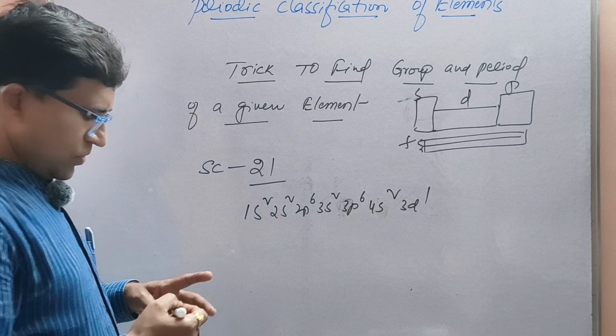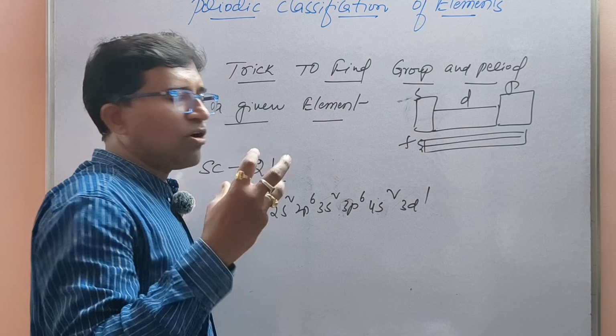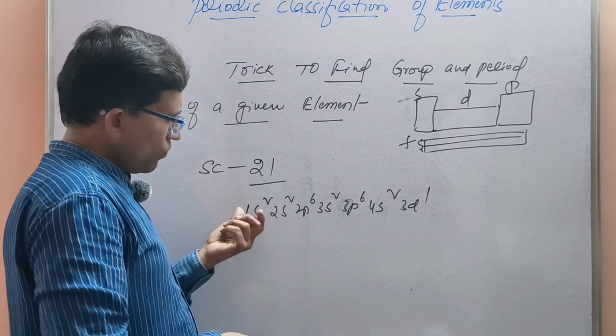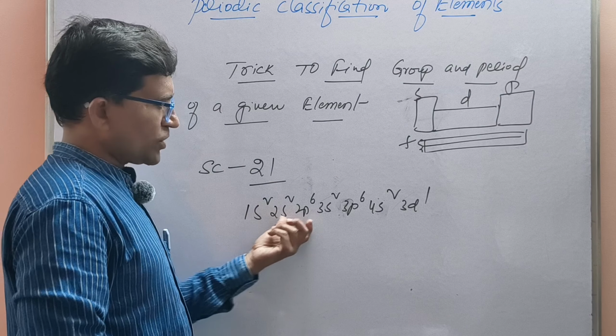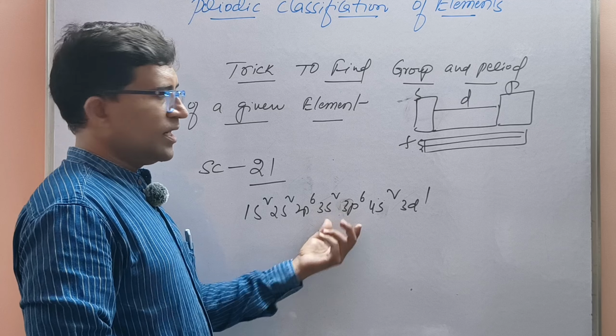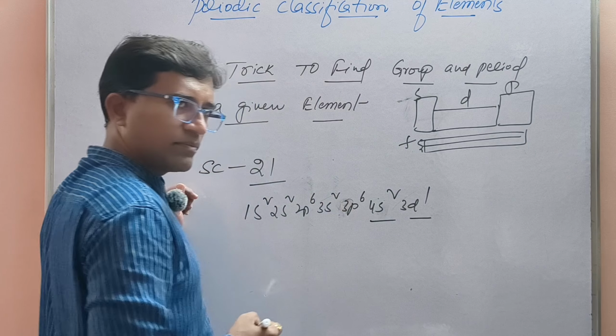We have to concentrate much on the last level of the configuration. 1s2 is the first shell, 2s2 2p6 comes under the second shell, 3s2 3p6 the third shell, and here we have 4s2 3d1.